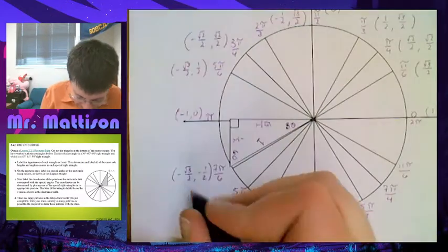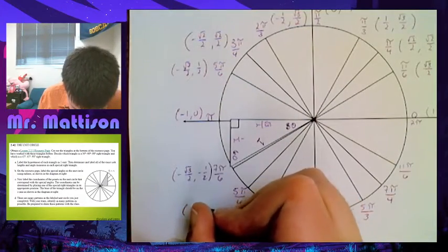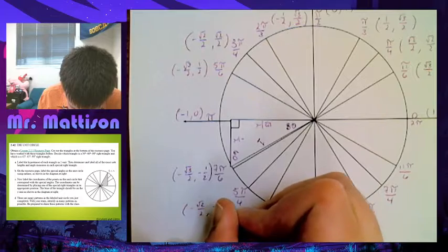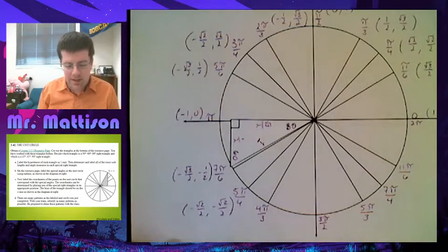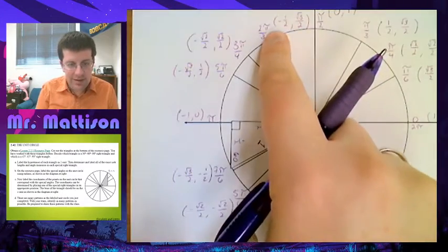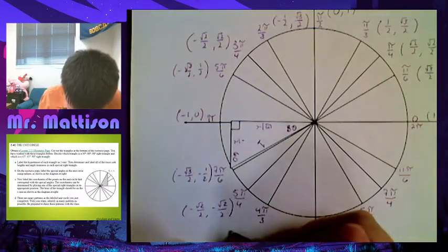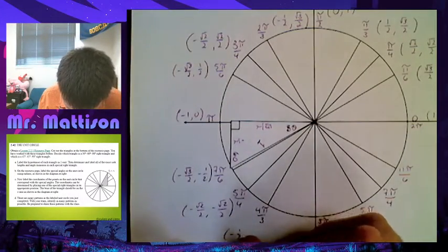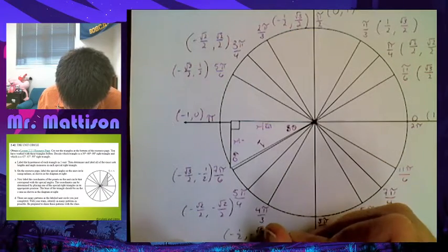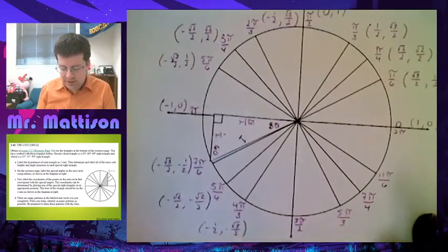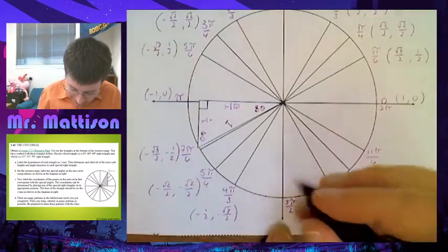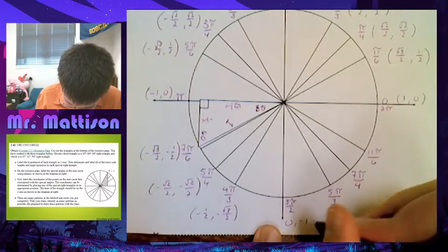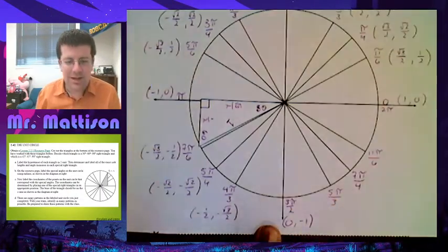So this would be negative rad 2 over 2, negative rad 2 over 2. And then here, this is going to be the same as this, but now both negative. So negative 1/2, negative rad 3 over 2. And over here, just going 0 on my x and negative 1 on my y. That one's kind of easy.